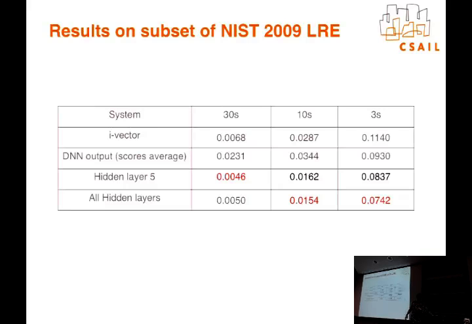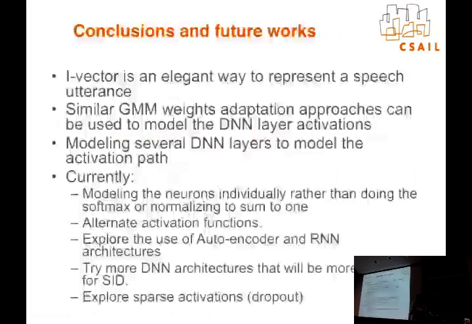So perhaps we should conclude. As I said, the whole history went from i-vectors from means to i-vectors from weights, and then ended up working on these DNN activations using the subspace. As I said, there are different ways to accumulate the statistics. Here we just average or sum over time.